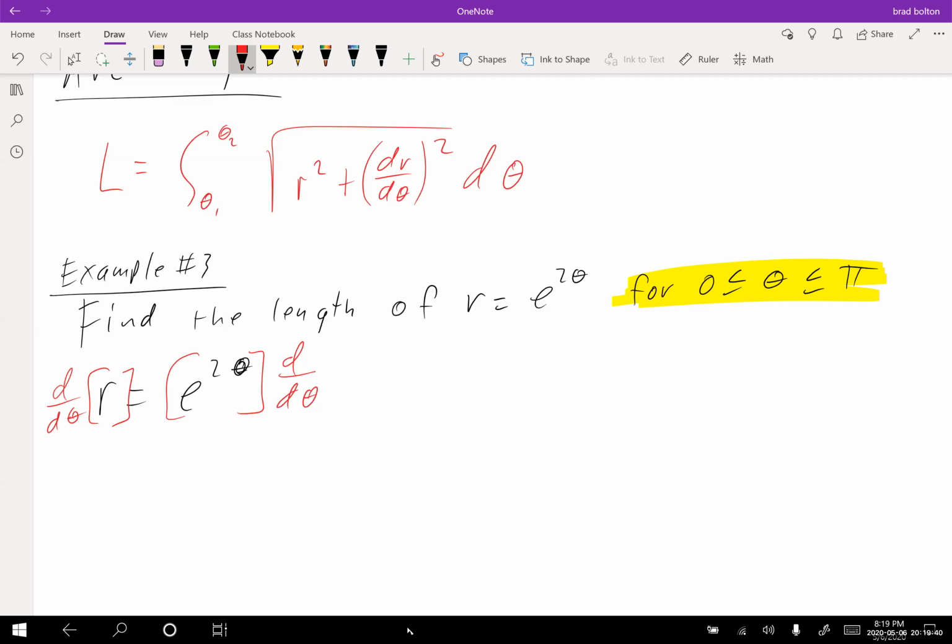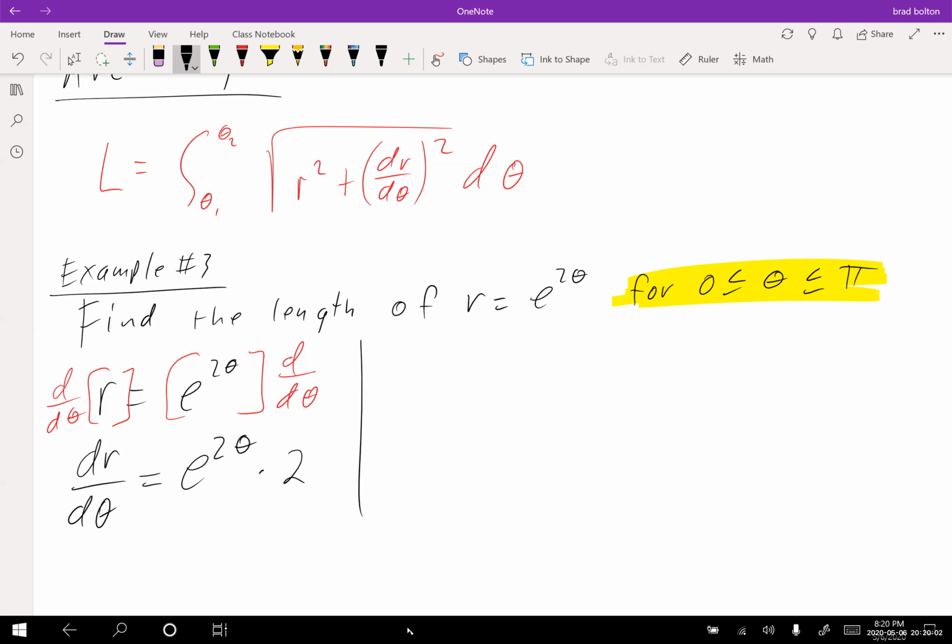This will be dr d theta, which is what we need, and it's equal to e to the 2 theta times 2. So we have our dr d theta.